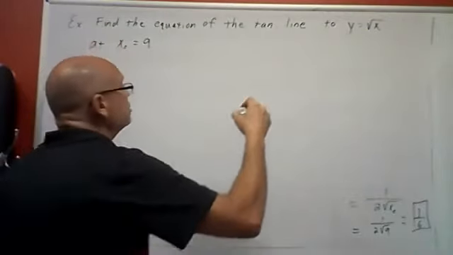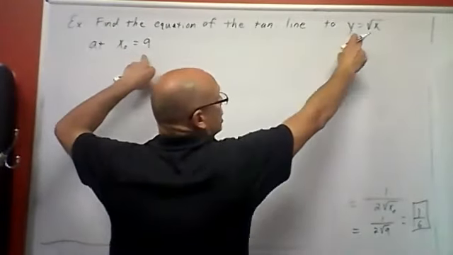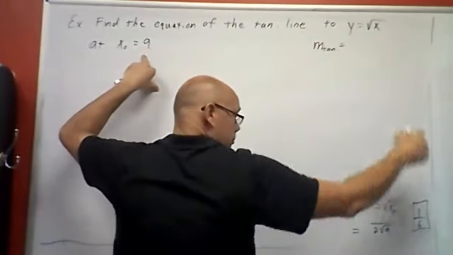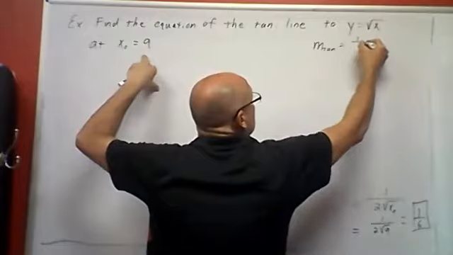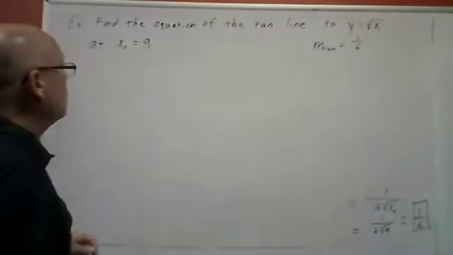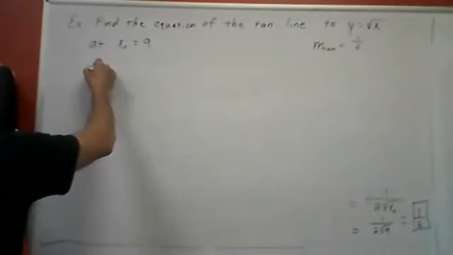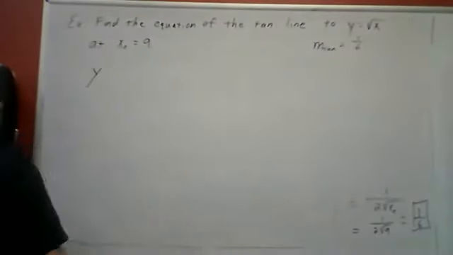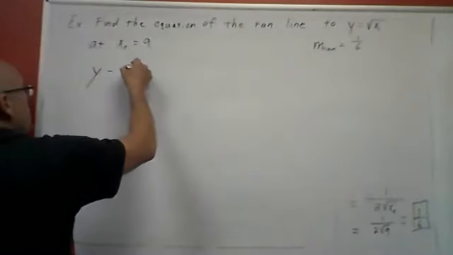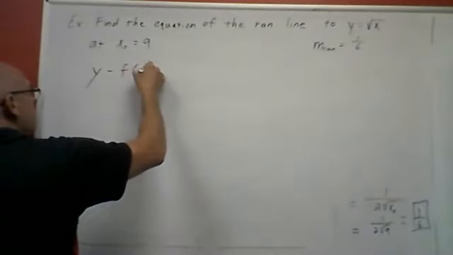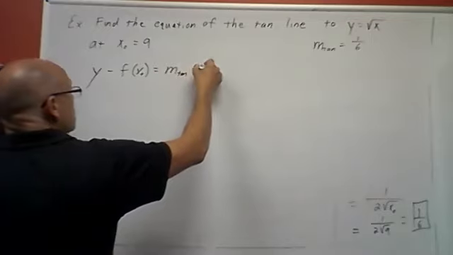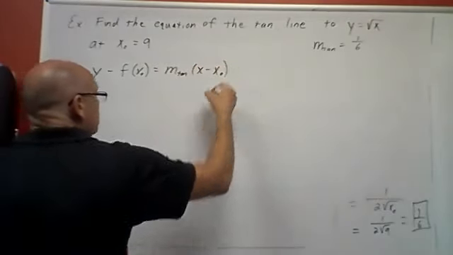According to what we just did, at x naught equal to 9 on this curve, the slope was 1/6. If I think about my point-slope form for finding the equation of a tangent line, it is y minus f of x naught equals m times x minus x naught, right?